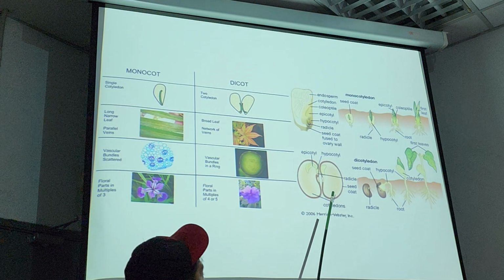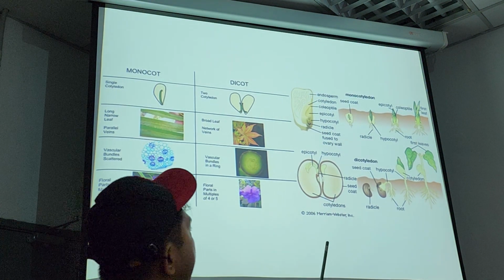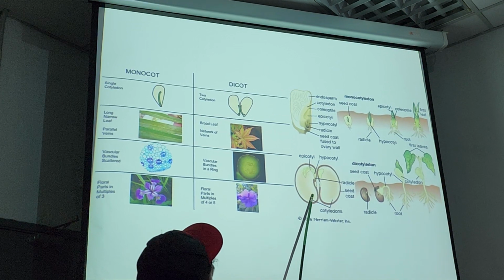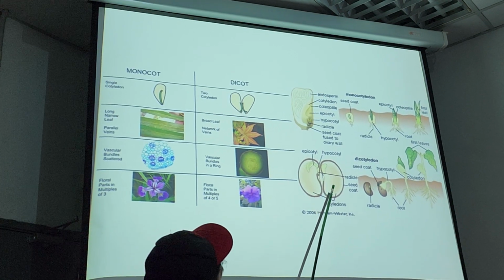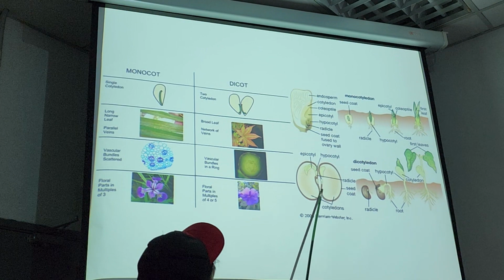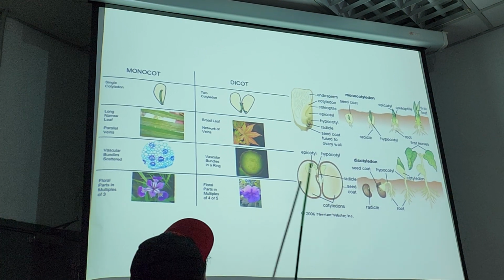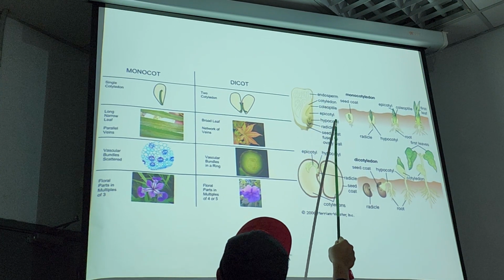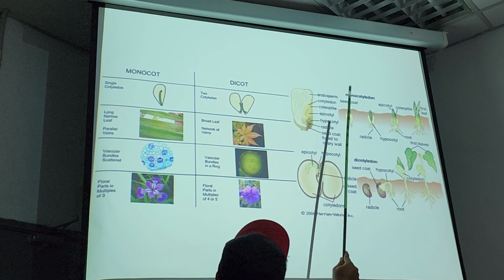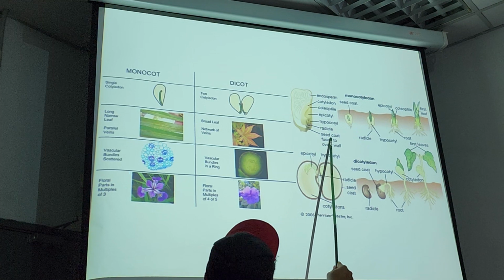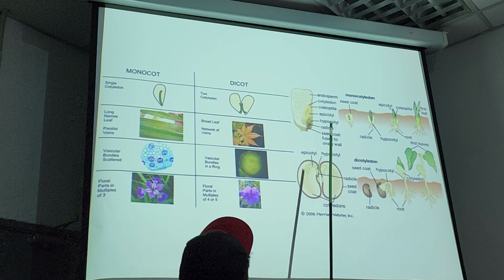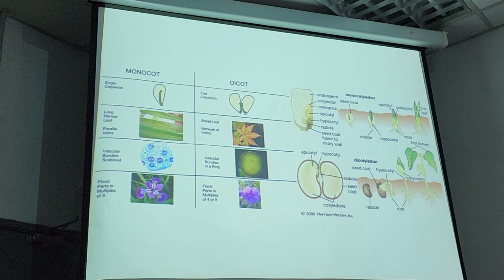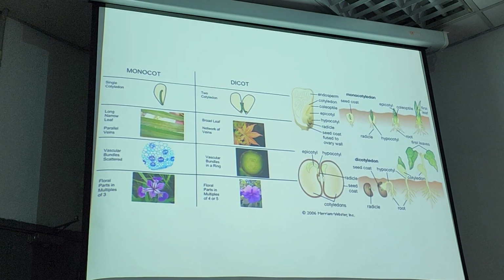So where does the plant store all the food reserve? It's in this beige region here, in the cotyledons. Coming back to the monocot, you have your epicotyl, hypocotyl, radicle, and seed coat. Epicotyl and hypocotyl refer to the axis of the cotyledon.